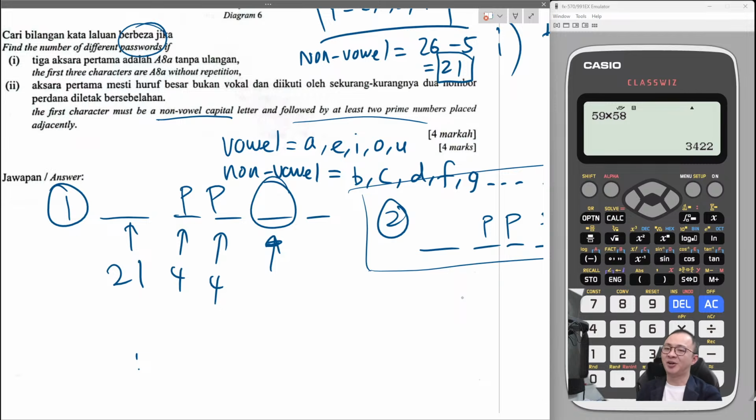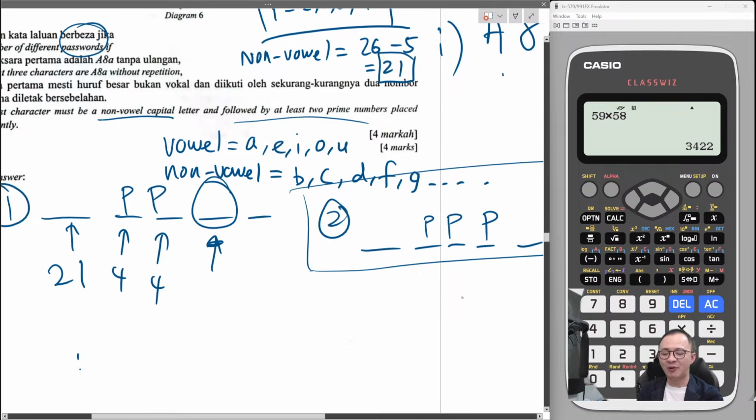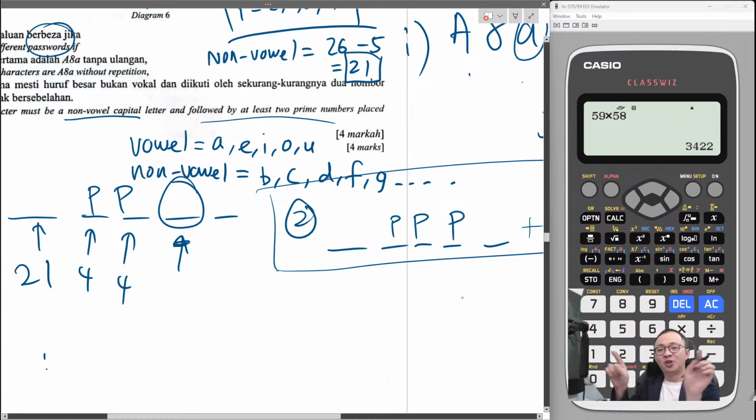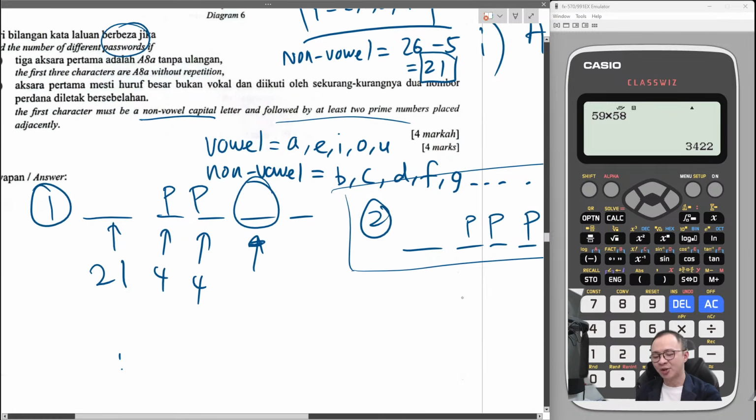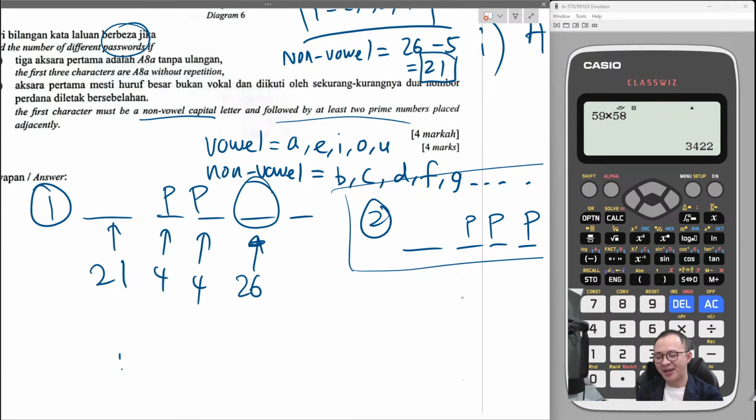Okay, the most tricky is this one, because this one cannot be a prime number anymore. If not, I will overlap with the second case, and I don't want overlap with the second case. But it can be any letter, 26 capital letters, 26 small letters. And for the number, I don't want a prime number. Of 10 digits, 4 are prime numbers, so non-prime numbers should be 6.